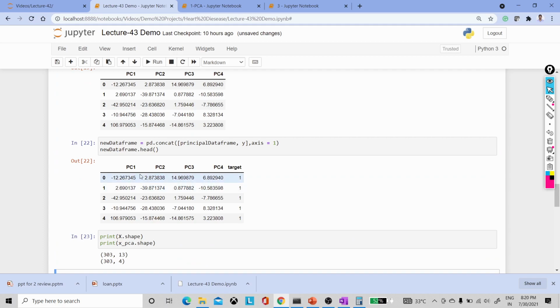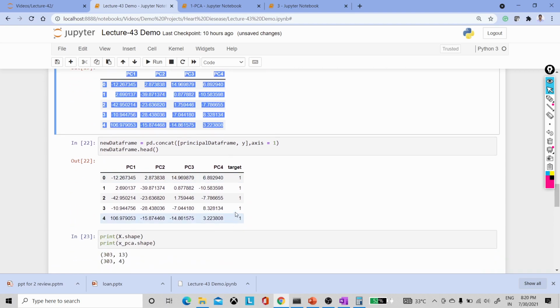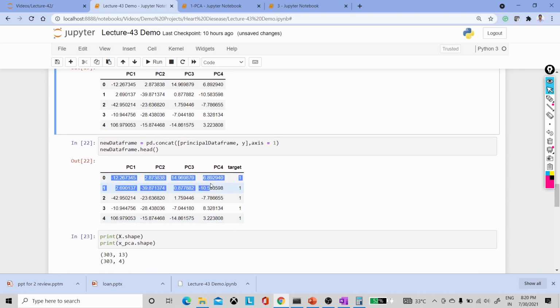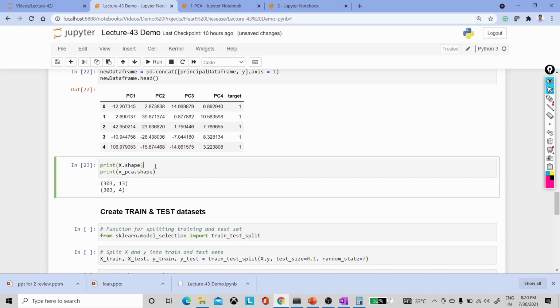So what I am doing here is concatenating this information along with my target variable y. For this first observation, this is the reduced dimension, the reduced feature information. My X shape is 303 rows and 13 columns.